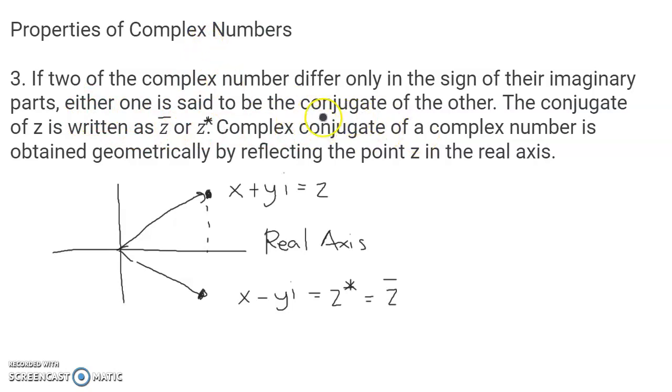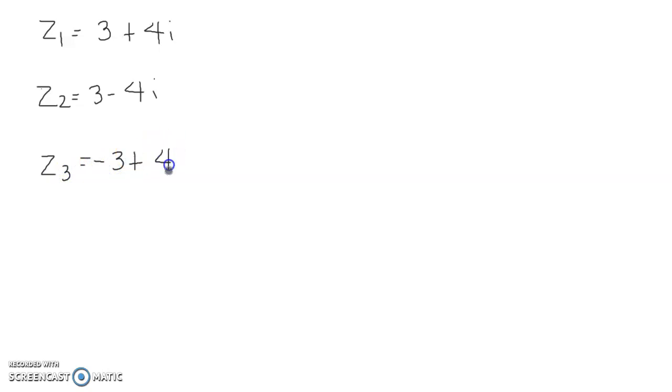if we want to get the conjugate of a complex number. So let's have an example. Let z1 be equivalent to 3 + 4i, z2 equivalent to 3 - 4i, z3 equivalent to negative 3 + 4i, and z4 equivalent to negative 3 - 4i.